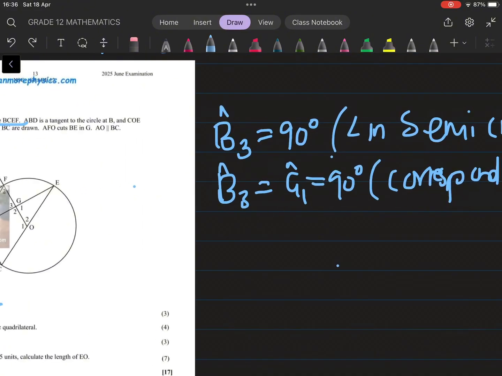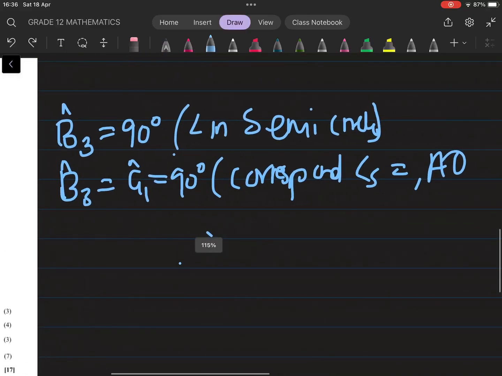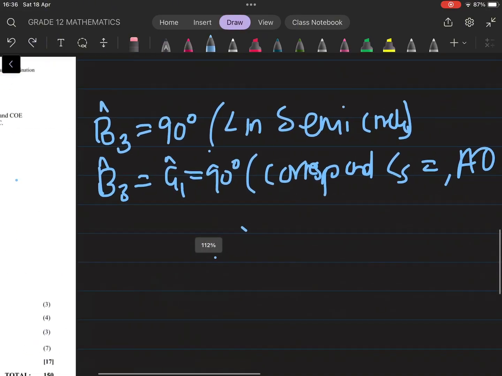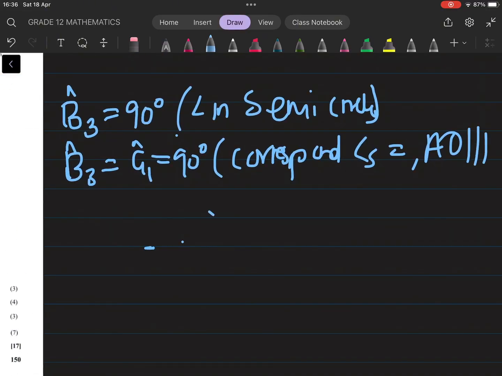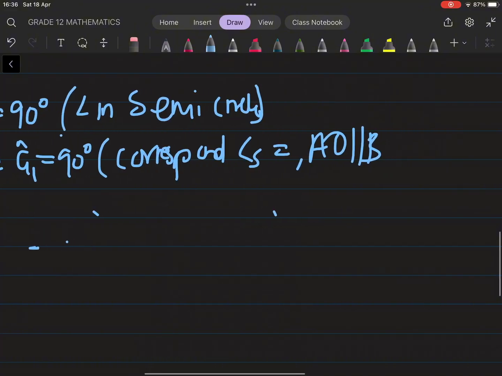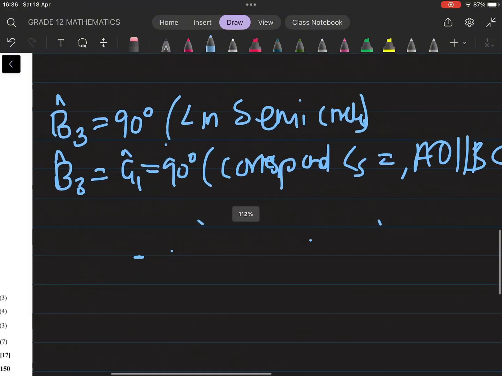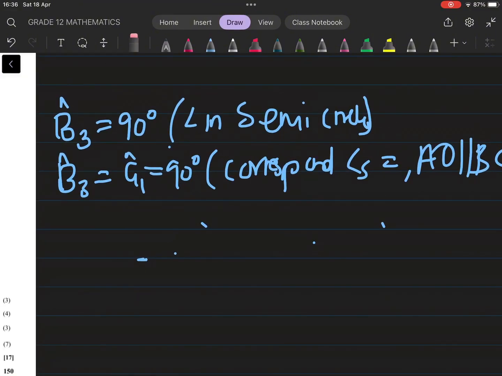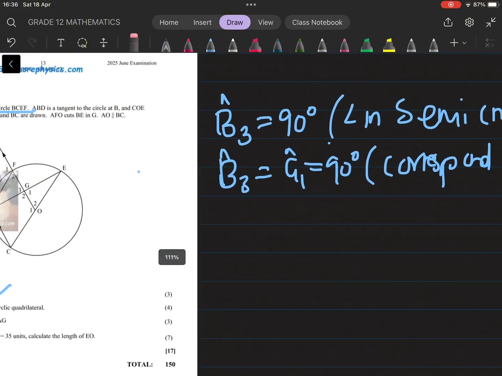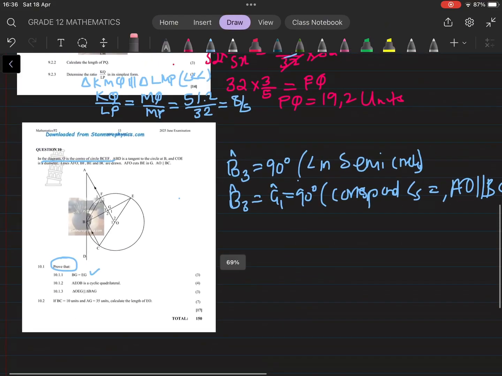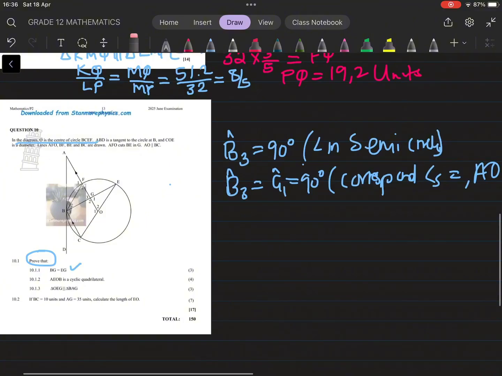Take note of that. Okay, let's continue now. We now know that G1 is equal to B3.